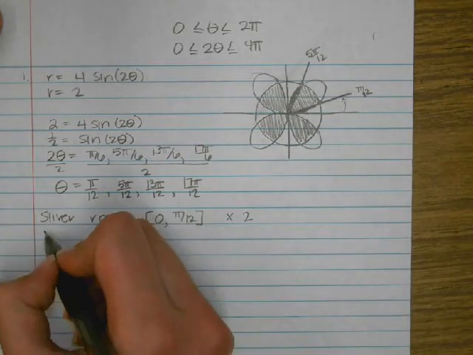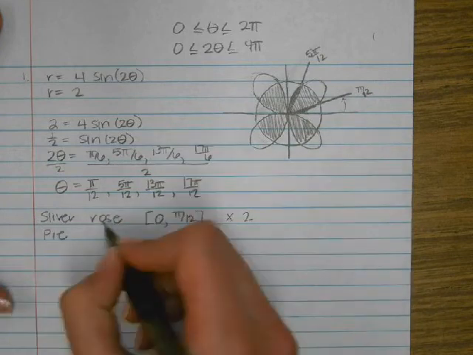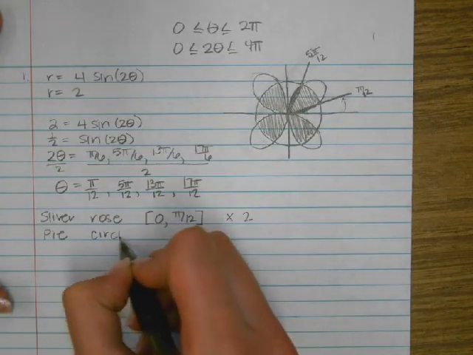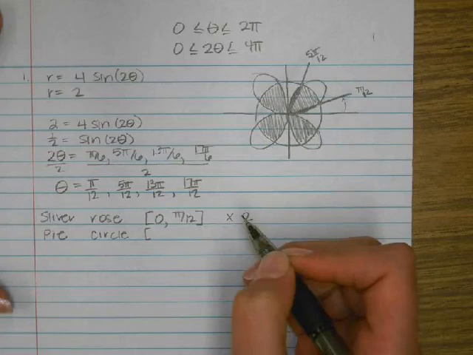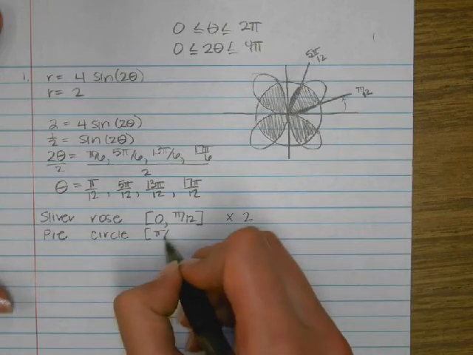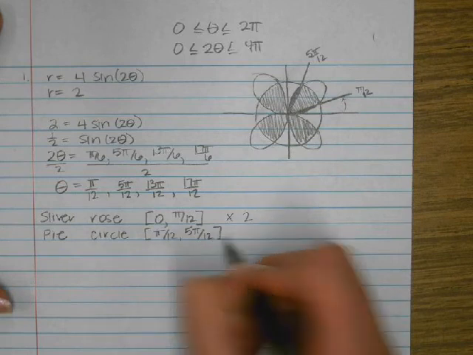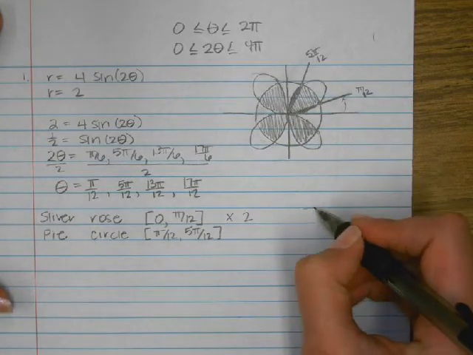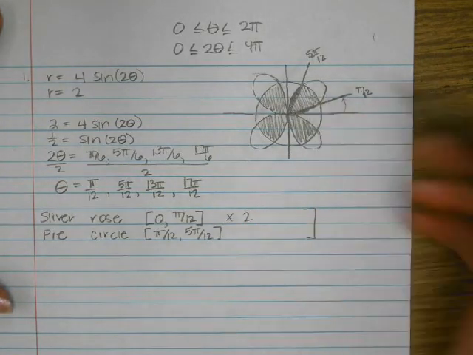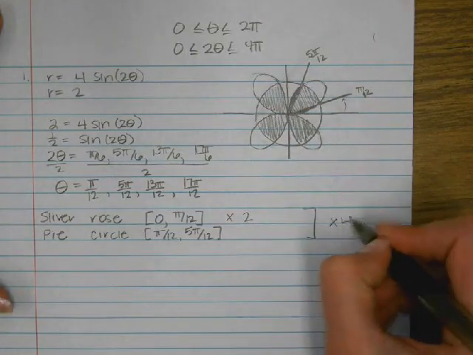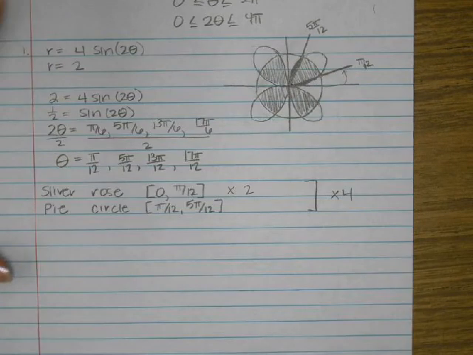So for the piece of pie, we're going to use the circle from pi/12 to 5 pi/12. And then we're going to take this whole thing, because that's just one of them, and multiply that by 4.